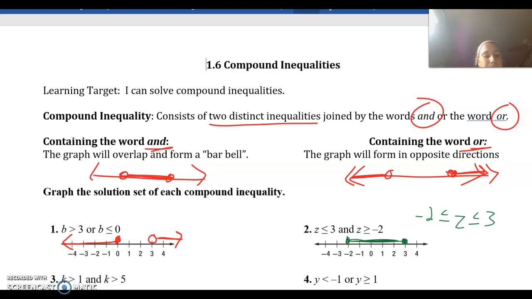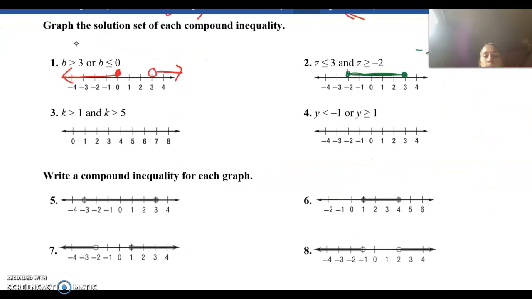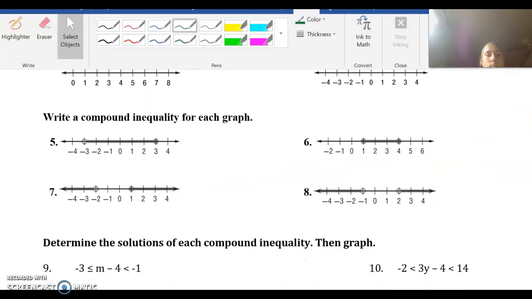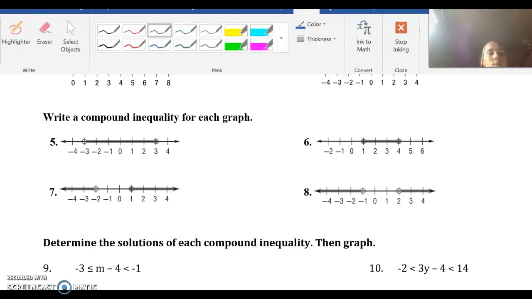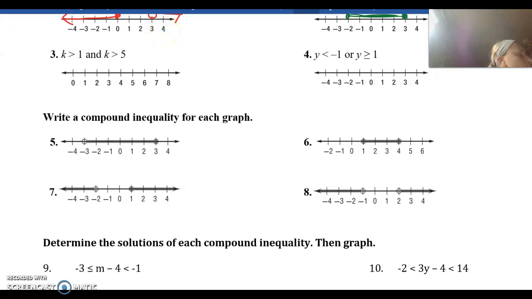Okay, we're going to go down to number 3. Number 3, k is greater than 1, so we're going to have, oh, and for this one, I actually want you to change this sign to go this way. So k is greater than 1, and k is less than 5.